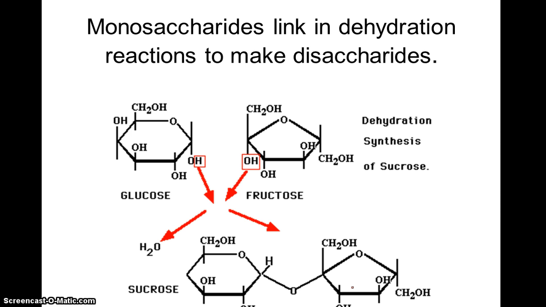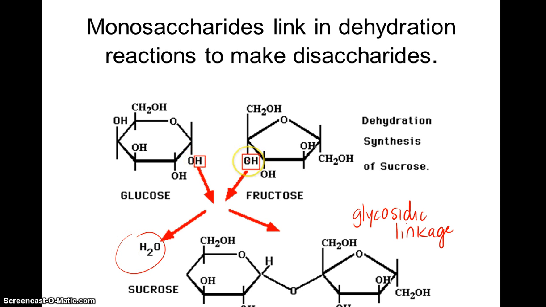The name of this linkage that sugars make together is called a glycosidic linkage. It's characterized by this oxygen stuck in the middle. The way that happens is a dehydration reaction that we talked about in class.